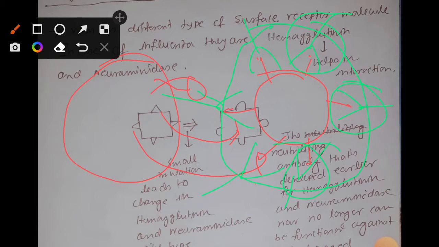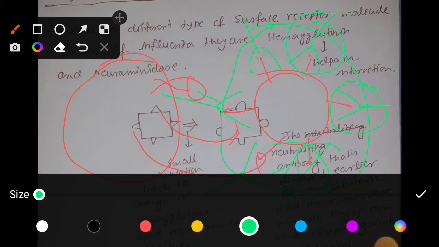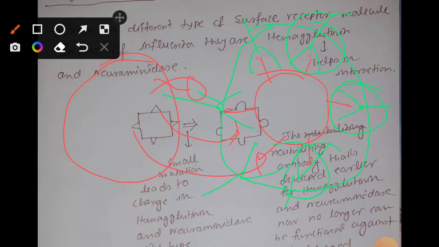That means whenever that virus is going to infect us again, it will be destroyed immediately, because the host has already registered a particular type of antibody for it, so it will use that antibody and simply neutralize the virus.